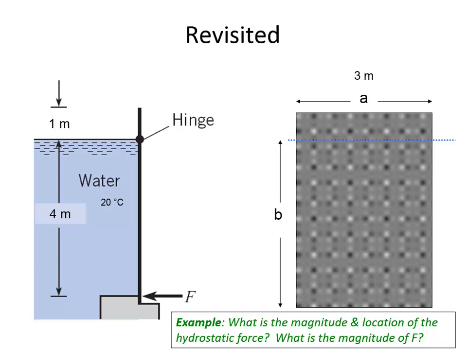And we can find the YCP using the equation y bar plus I divided by y bar A. Y bar is 2 meters plus 16 meters to the fourth divided by 2 meters and the area of B times A, that's 12 meters squared. So that is 2.667 meters.